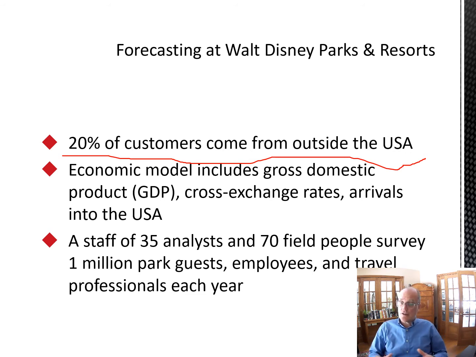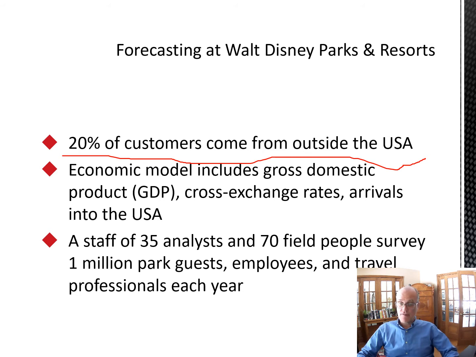So is there a trend that people are coming to the US that makes them more likely to come to one of their parks? And so they look at a whole bunch of factors that may have a relationship to people coming, and use those to predict how many people are going to come to their parks.